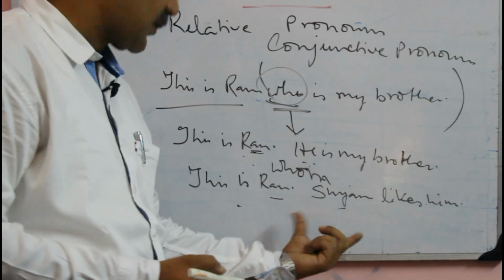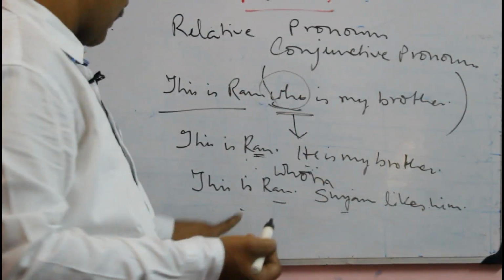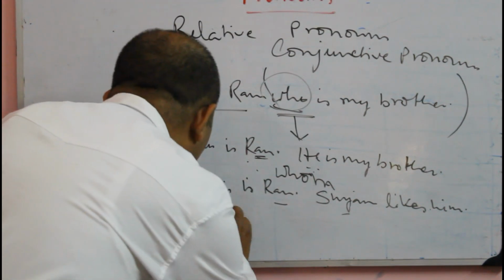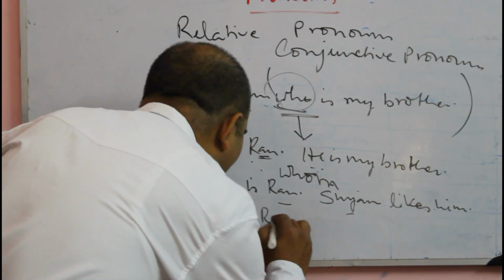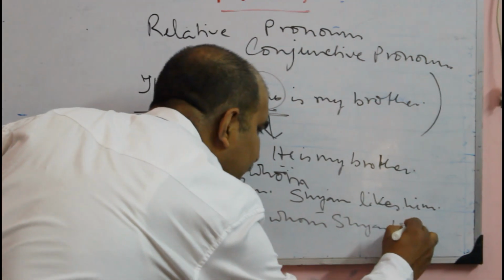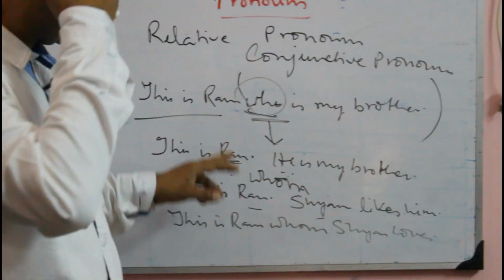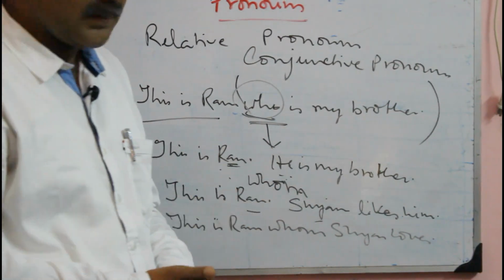So they do not refer to the same person. So when we try to join this, we have to use whom. Like this: This is Ram, whom Sham loves. So in this way, this is the difference between who and whom.